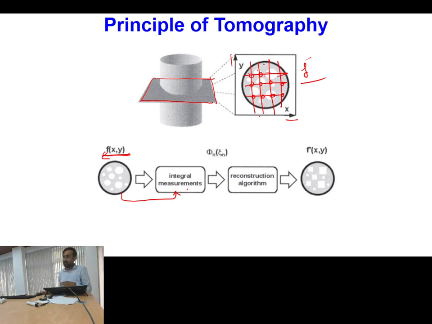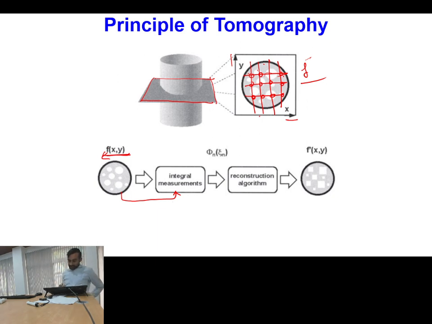If there is a time delay, then it may happen that my reading at this point corresponds to some other flow distribution, and the reading at that point corresponds to some new flow distribution. If I am constructing the flow distribution at a particular time instant, then at all the points my measurement of the property should correspond to the same time instant.